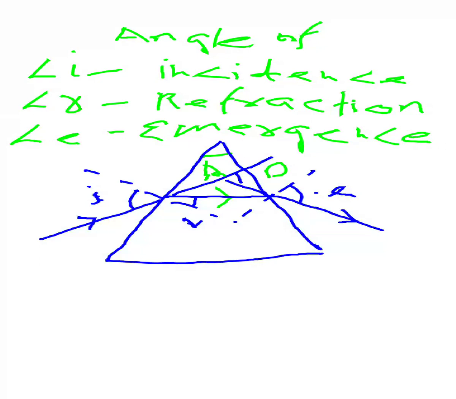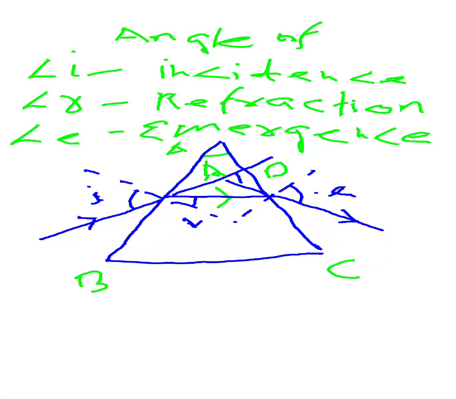Suppose this is B, this is C, this is A. For the AB surface, the angle of incidence is the angle between the perpendicular to AB and the incident ray.